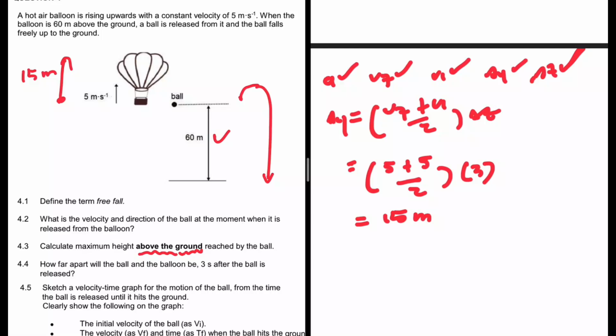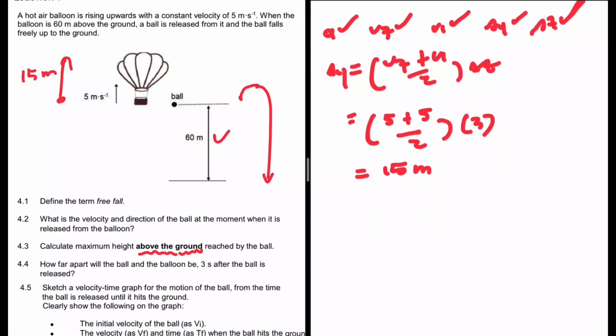So we need to calculate where the ball is after 3 seconds. So the information we have with regards to the ball, we obviously have delta t, we have acceleration, we have Vi, we are interested in delta y.